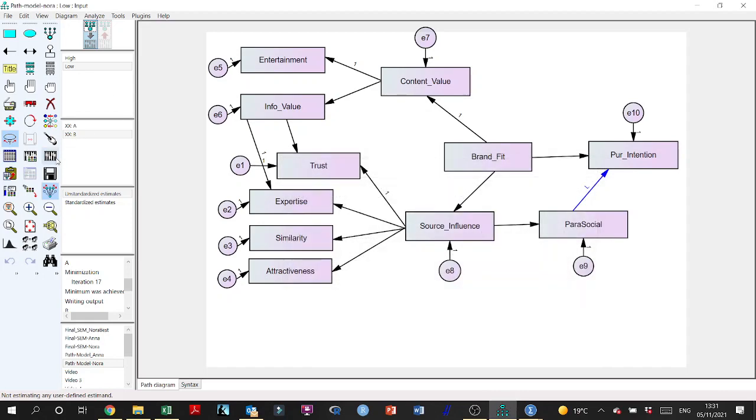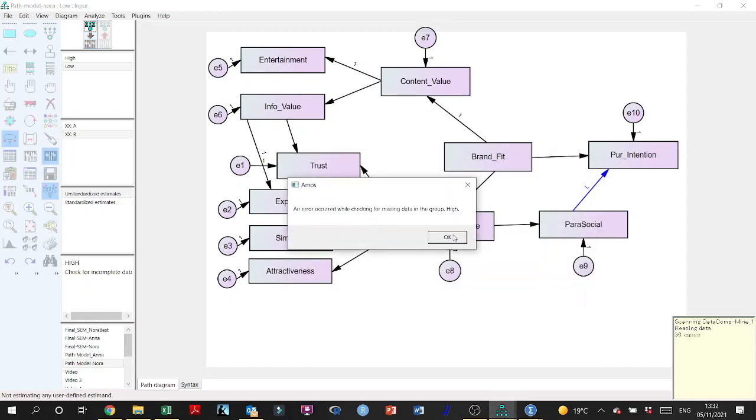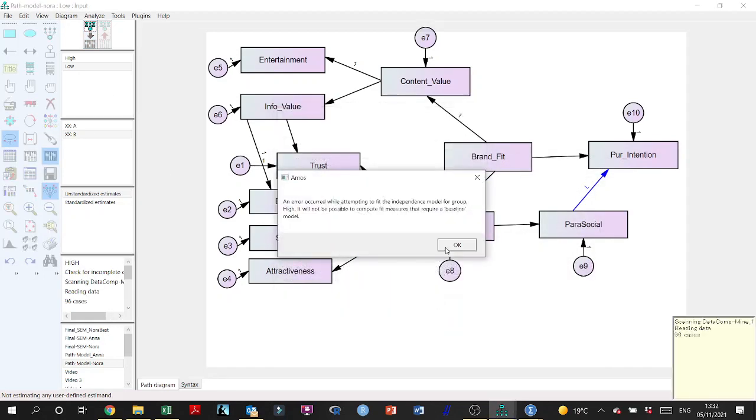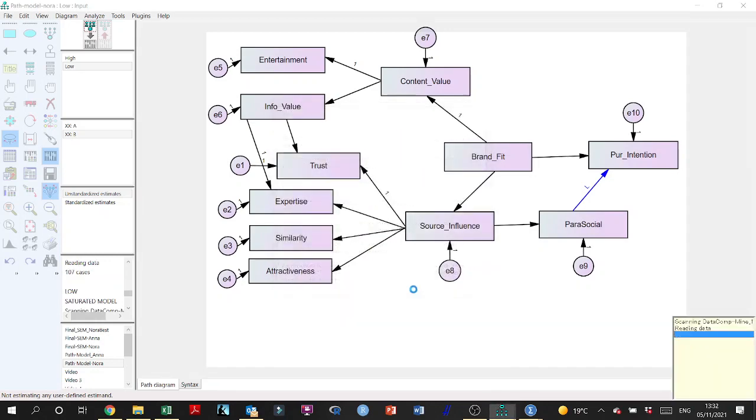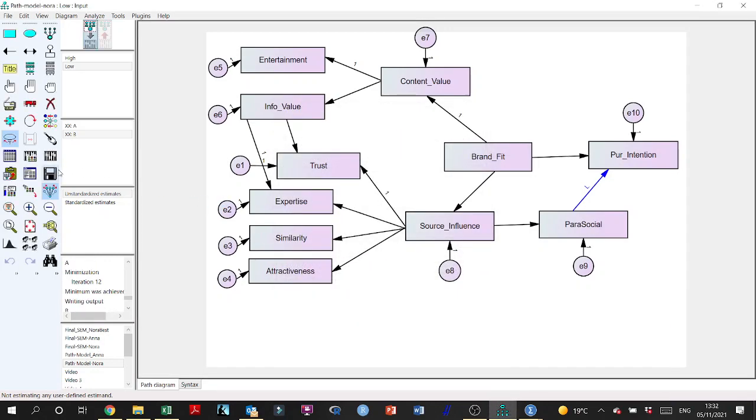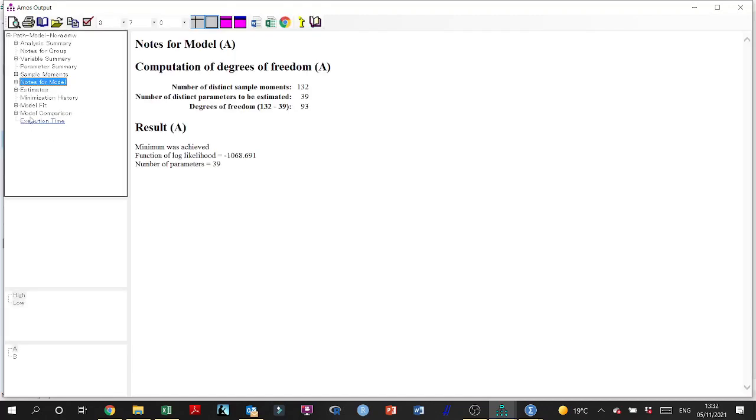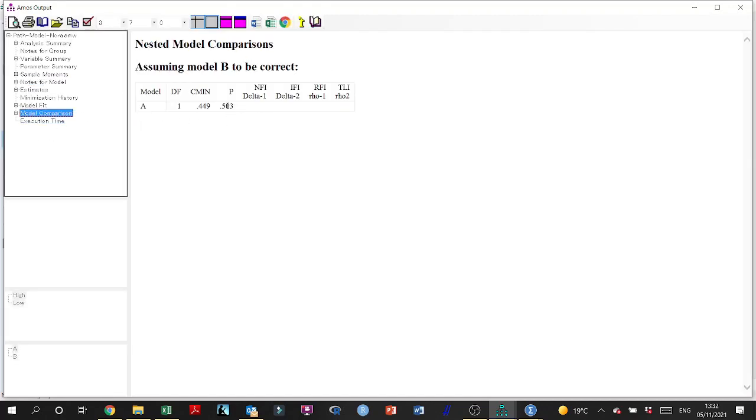And then okay. I'm going to get some little errors here, but it's okay. Model comparison, there is significance. And let's take a look: this means when you are high, high.